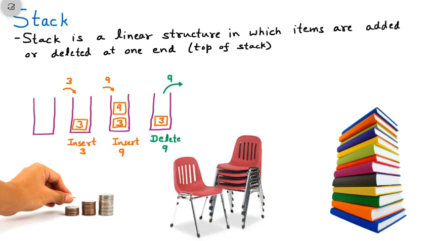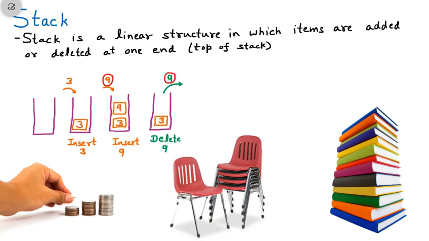Now understand one thing. While inserting, what was our sequence? Which was the first element which was entered? That was 3. And while insertion, what was the last element which we entered? That element was 9. So 9 was inserted last, but while I was deleting, which is the first element to be taken out? That is 9.